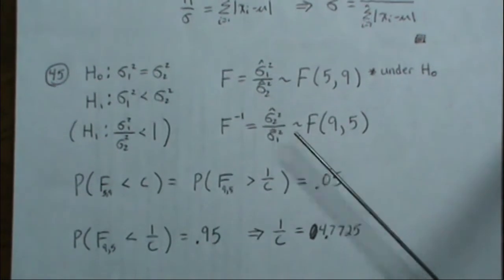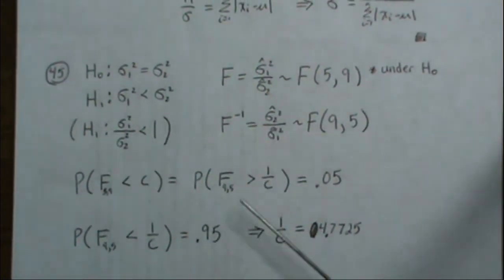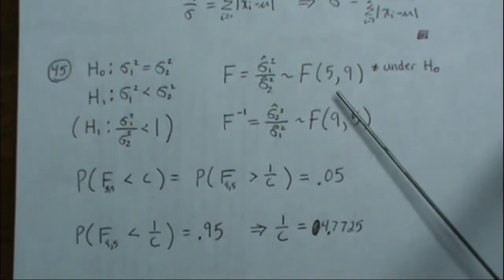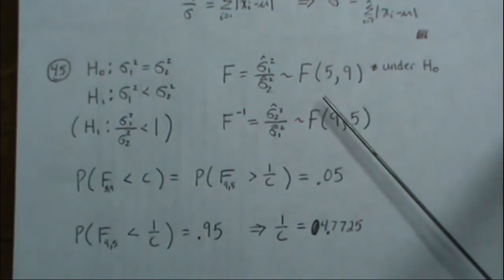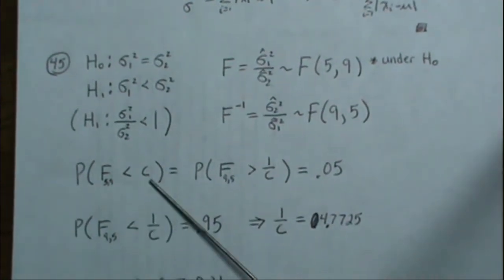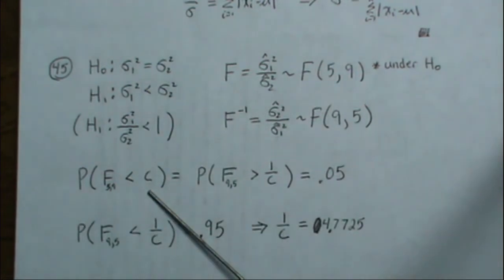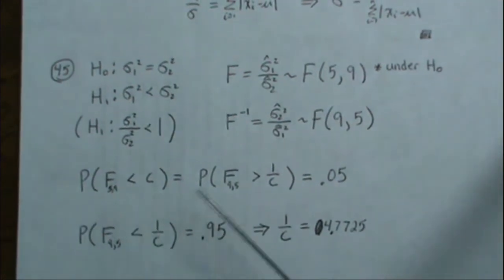And so we're going to have to use that for the tables that I have. Now, if you have tables that do a left tail for the F distribution, then it makes it simple. But here, we want to know that F is less than C. That's our critical region. But we don't have that. We can only do right.